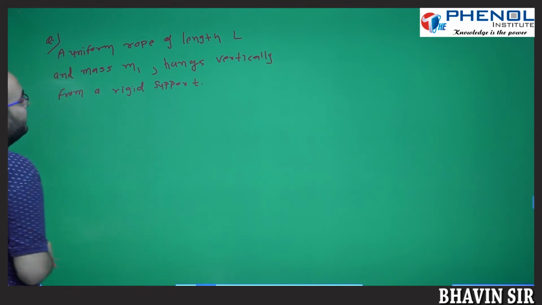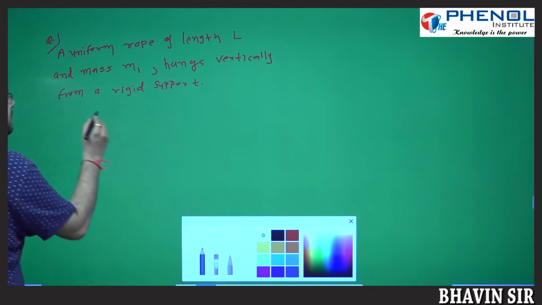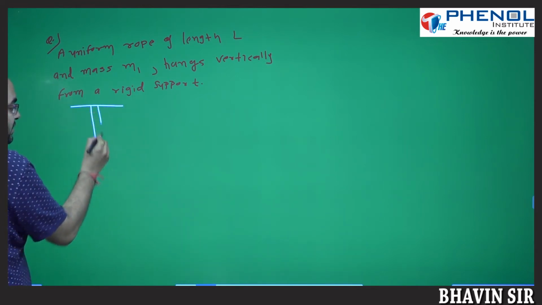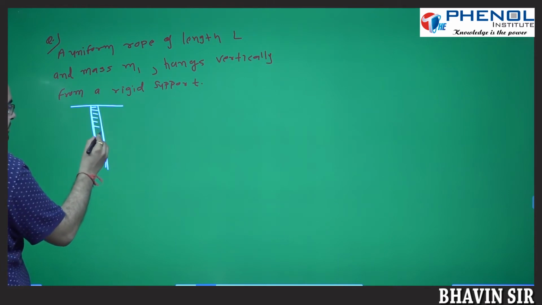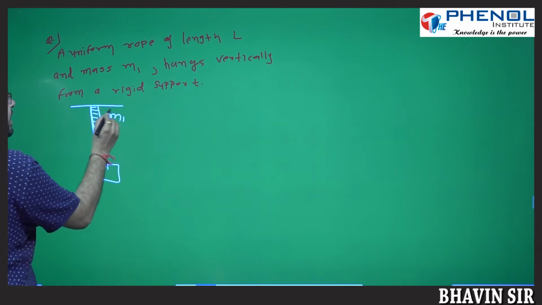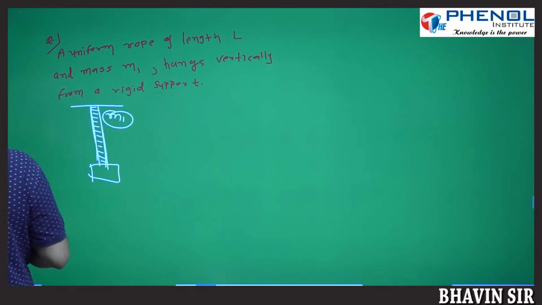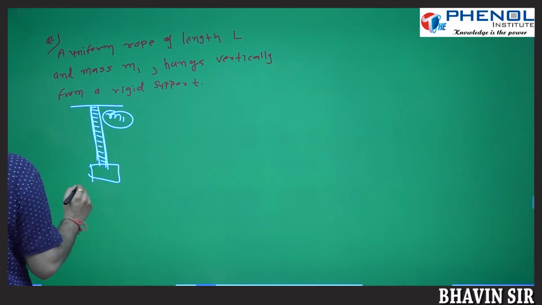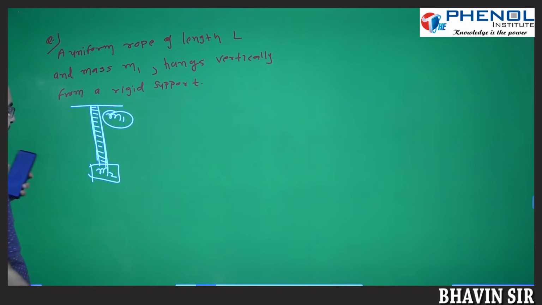Suppose this is the rope, students, a heavy rope, and its mass is M1. Then a block of mass M2 is attached to the free end of the rope. Here we attach M2.